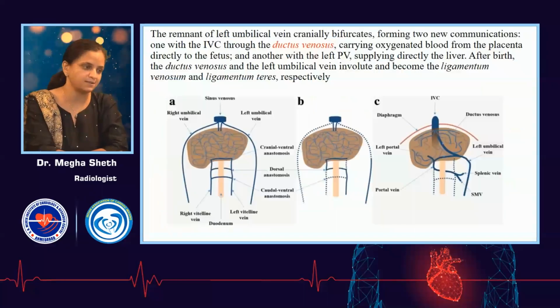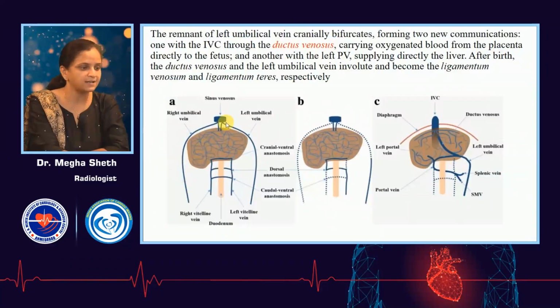See, these are the paired umbilical veins, right and left umbilical vein, and these are the paired vitelline veins, right and left vitelline veins.